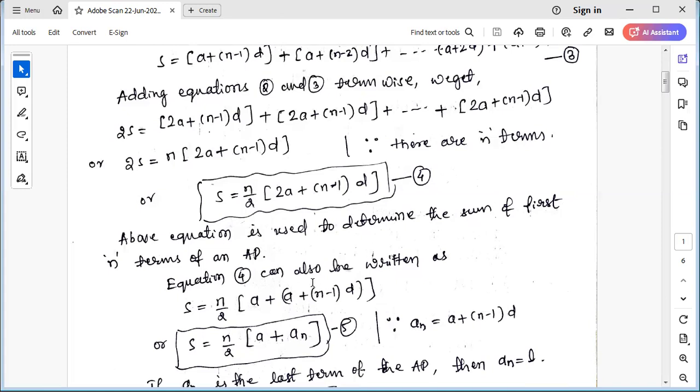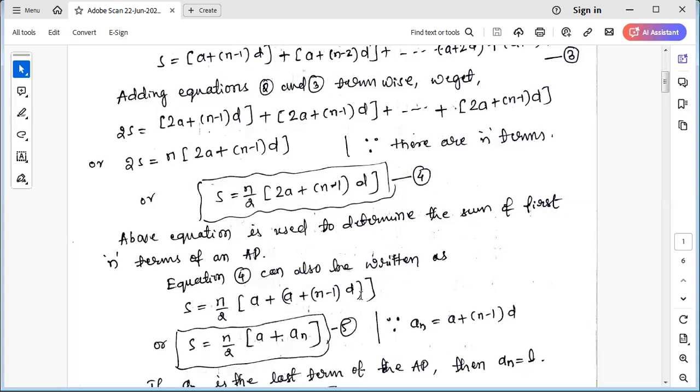Equation 4 can also be written in this way as S is equal to n by 2 into the bracket, where this 2a will split like this, a plus a, plus these terms, n minus 1 into d.